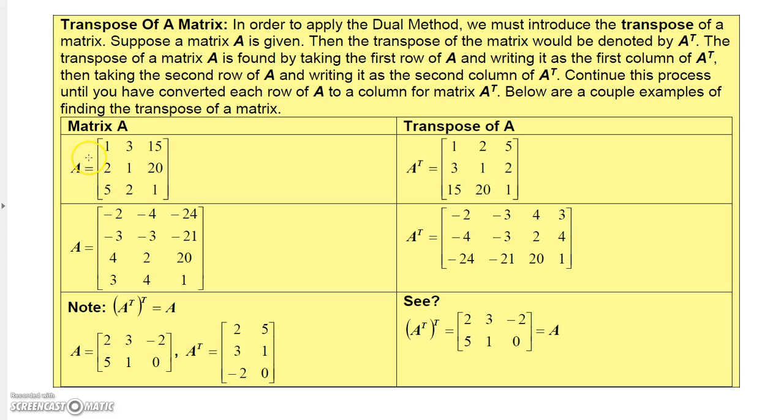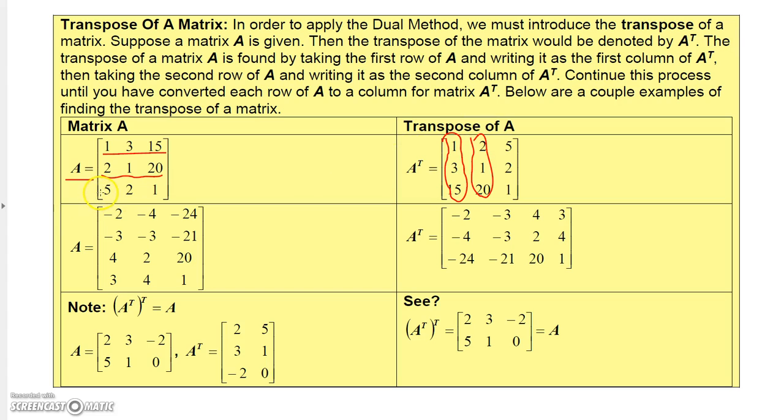Now, one of the things we have to do to convert to a dual problem is take a matrix and transpose it. You can read the instructions up there, but it's pretty simple. If I want to transpose this matrix, I'll take the first row, 1, 3, 15, and convert it to the first column. Then I'll take the second row, 2, 1, 20, and make it the second column.